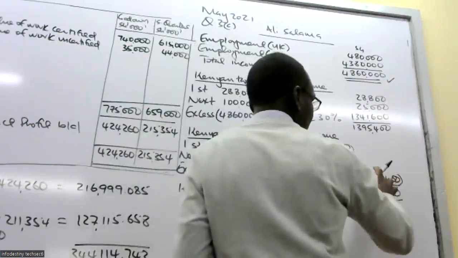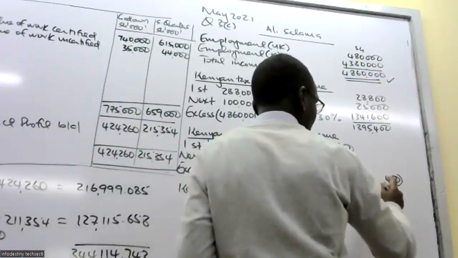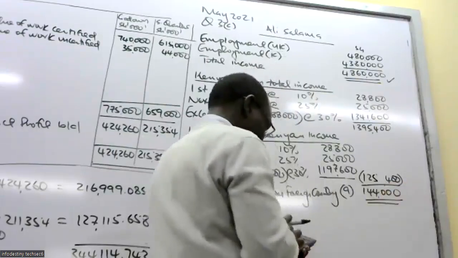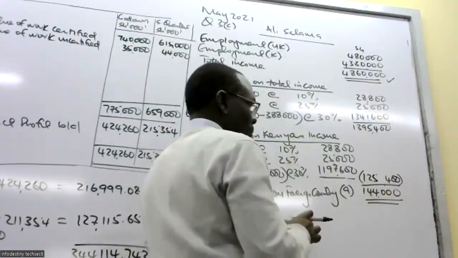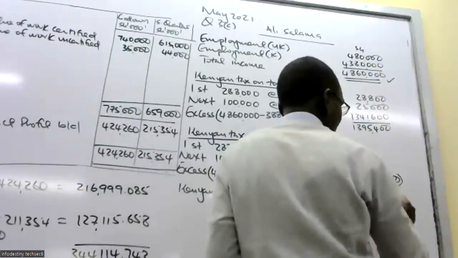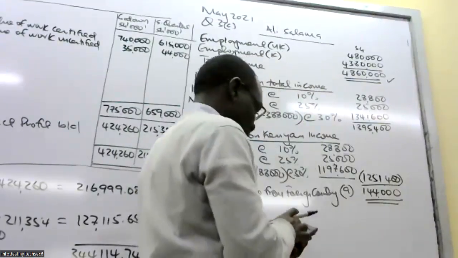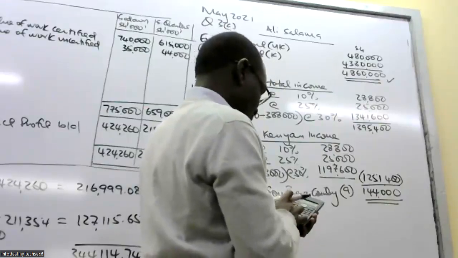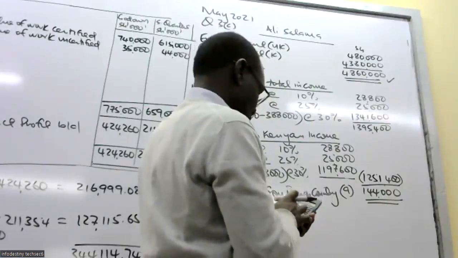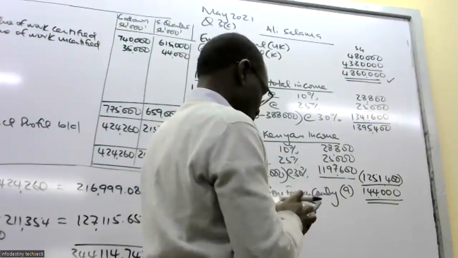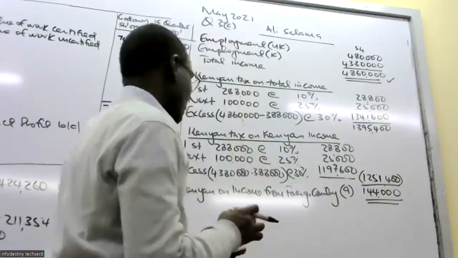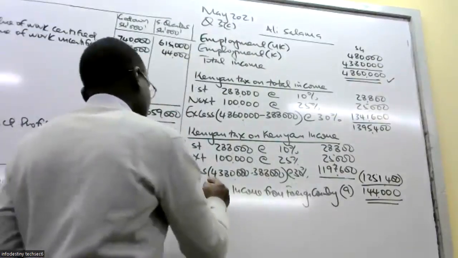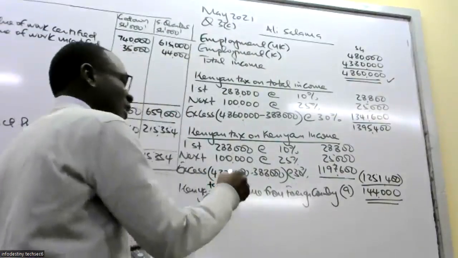Yes, on 25, 400. 1,251,400, yes. It's 144. So that's the equivalent Kenyan tax on income from a foreign country, that is, income from the UK.